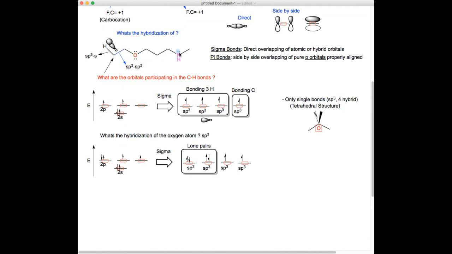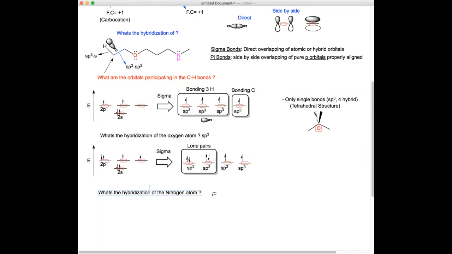So let's focus on this nitrogen here, the purple nitrogen, okay? What is the hybridization of that nitrogen? To answer that question, you don't need to memorize anything because you've got to reason the questions, and this is how you reason this question.